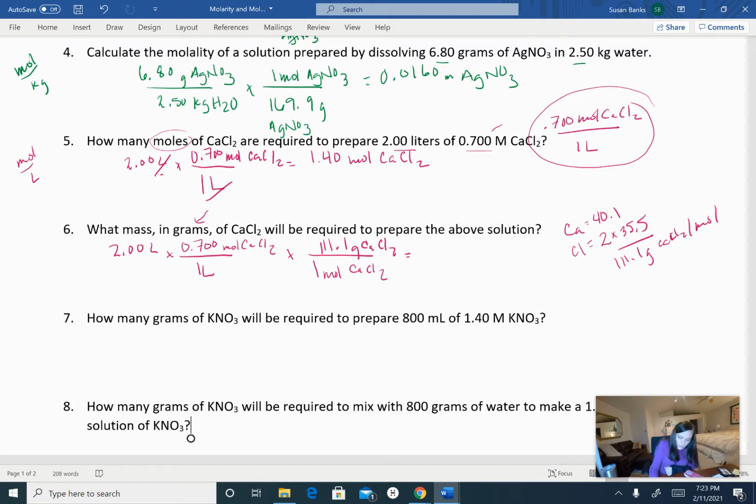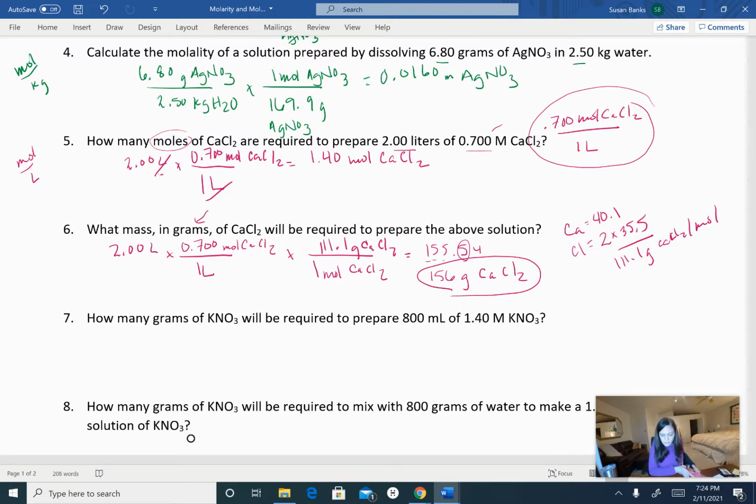My calculator gives me 155.54. So 3 digits, 1, 2, 3. That last digit tells me to round up. So 156 grams of calcium chloride is what I would need to make that solution.